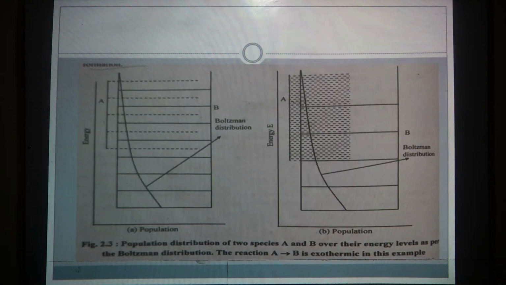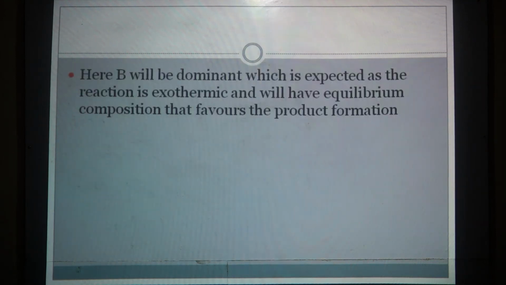See the first diagram and second diagram, where it is population distribution of two species A and B over their energy levels as per Boltzmann distribution. The reaction A to B is exothermic in this example. Here B will be dominant, which is expected as the reaction is exothermic, and will have equilibrium constant that favors the product formation.